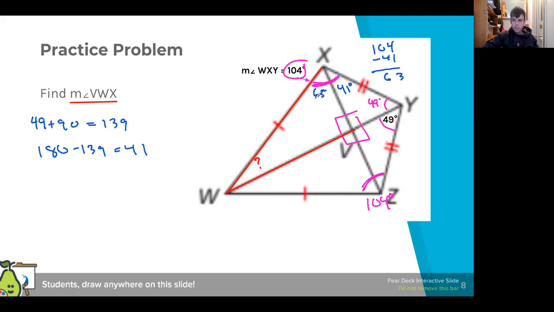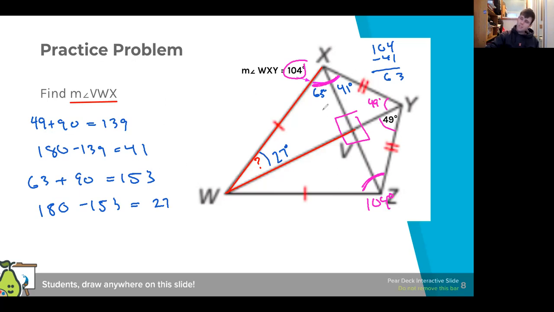That's this piece, 63 and 41 make 104. And now I have 63 and 90 and the one I'm looking for. So 63 plus 90 is 153. 180 minus 153 means this is 27 degrees. So cool, found the angle, it's 27 degrees.